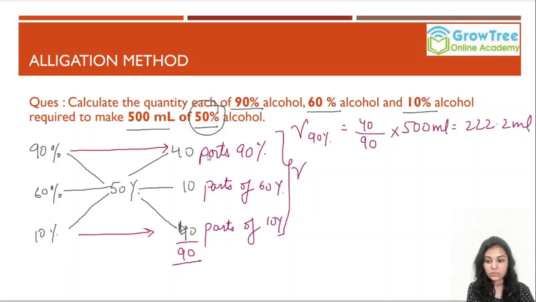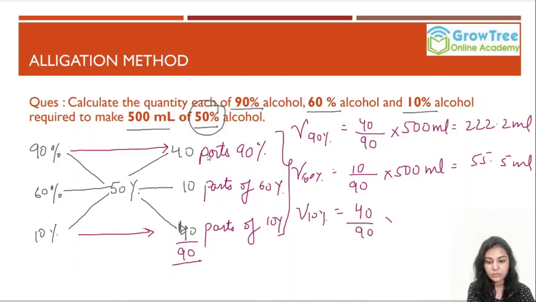Volume of 60% alcohol required is 10 upon 90 into 500 ml, and it would be 55.5 ml. And volume of 10% alcohol which is required is 40 upon 90 into 500 ml equals 222.2 ml.